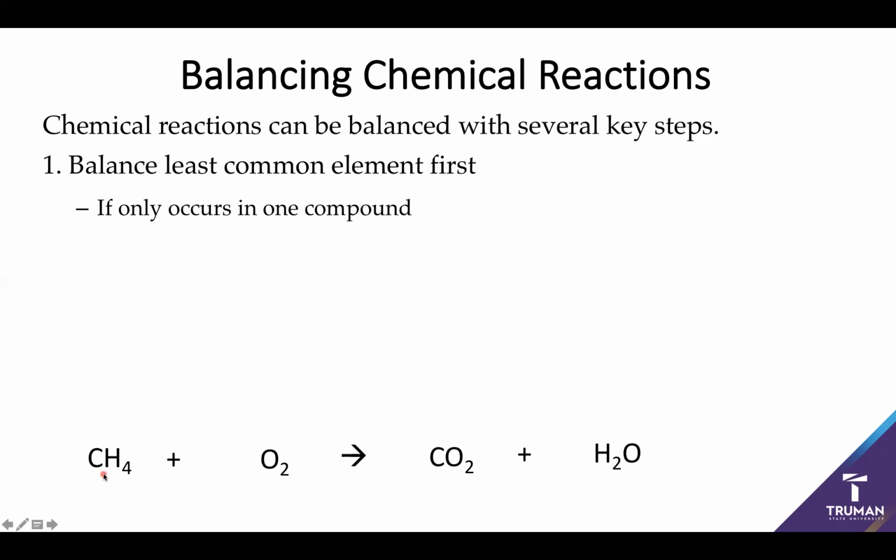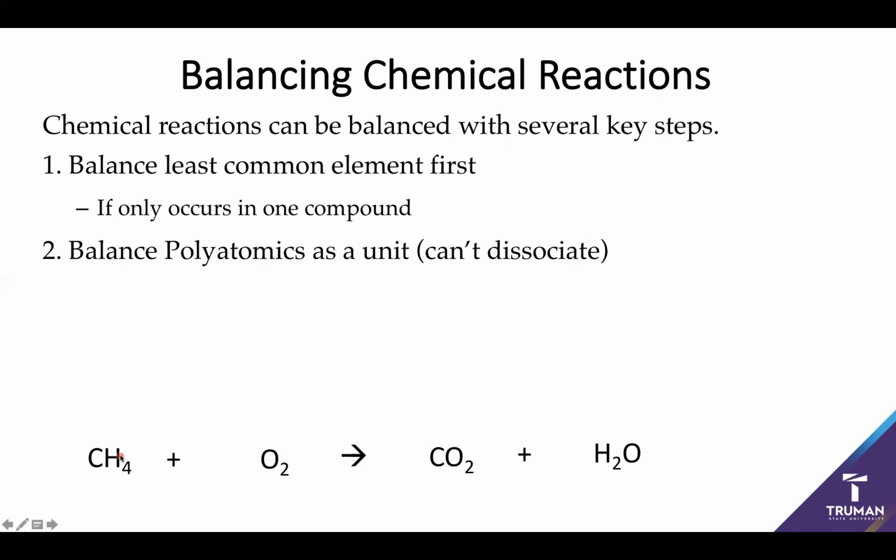So we'll probably go ahead and start with one of these. In general, it's also important to balance polyatomics as a unit. This is more or less a fancy way of saying, whatever I write down in my skeletal equation, I'm not allowed to write down any other chemical species. I can't start generating free carbon or producing free hydrogen. Whatever I start with is what I got.